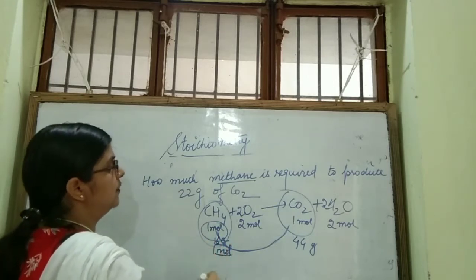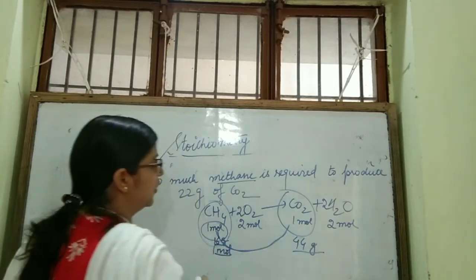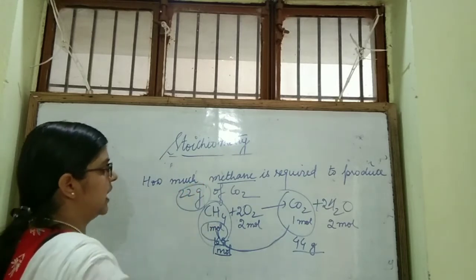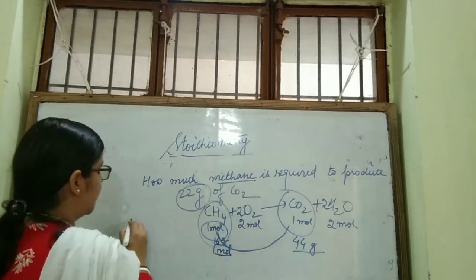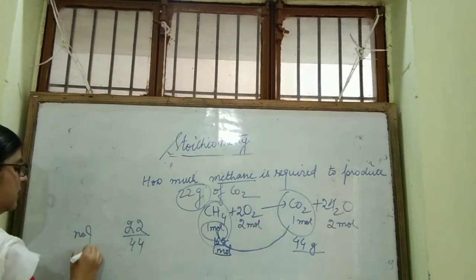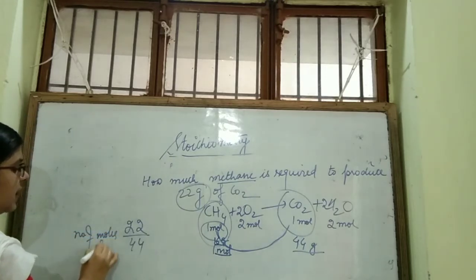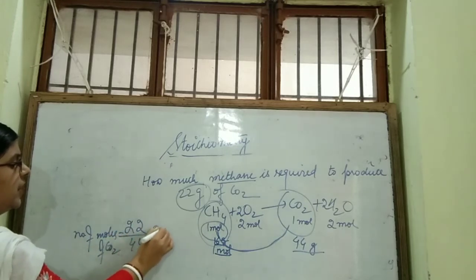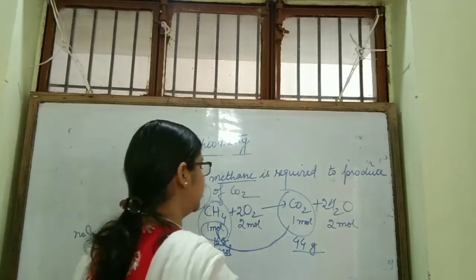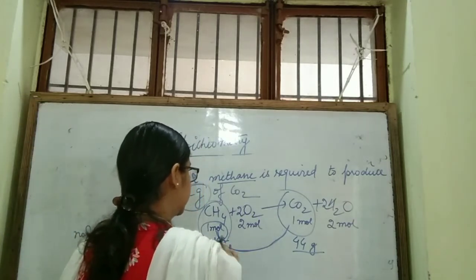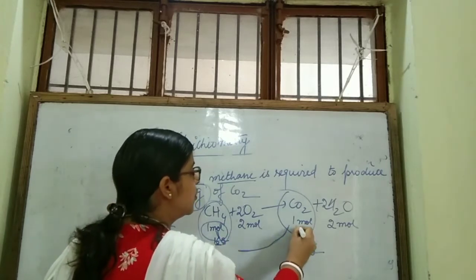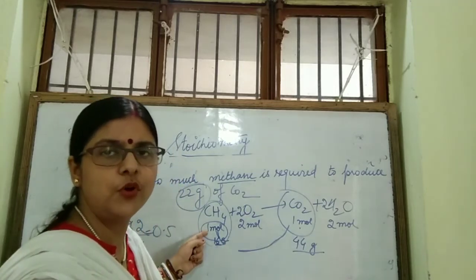So 22 gram carbon dioxide is 22 by 44 moles of carbon dioxide, which is equal to 0.5. So 1 mole carbon dioxide is produced from 1 mole methane.